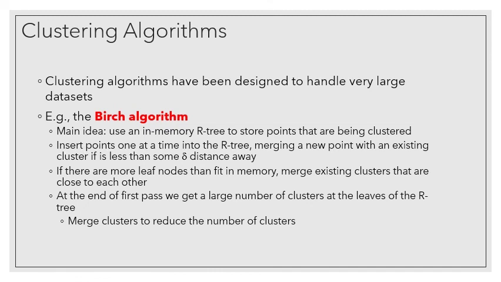If there are more leaf nodes than fit in memory, merge existing clusters that are close to each other. At the end of the first pass, we get a large number of clusters at the leaves of the R tree, so merge clusters to reduce the number of clusters. So this is the Birch clustering algorithm.